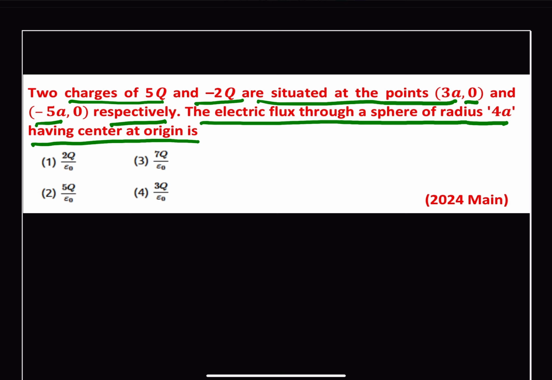And the Gauss law states that our flux will be equal to charge enclosed divided by epsilon naught. And here it is given that the radius of the sphere is 4a.